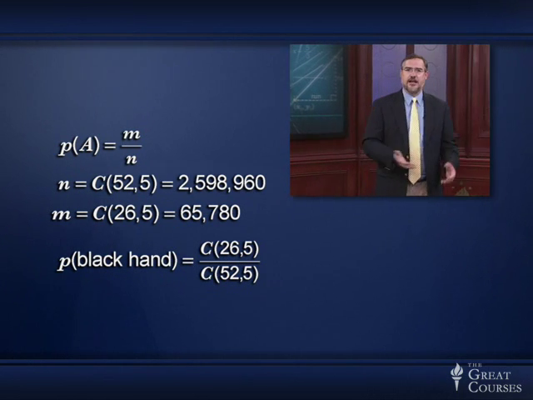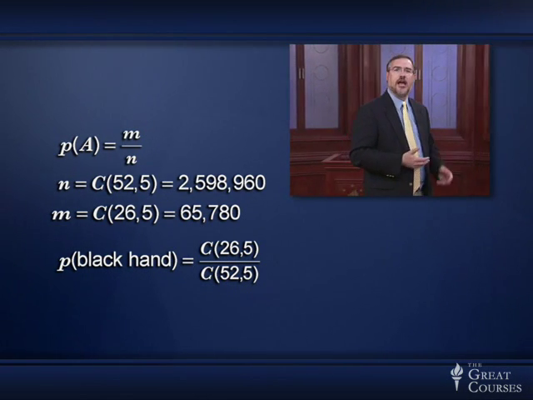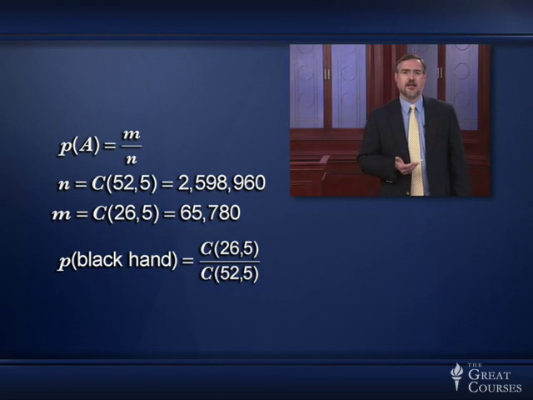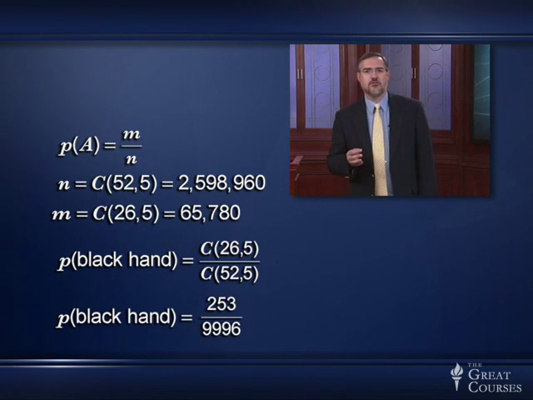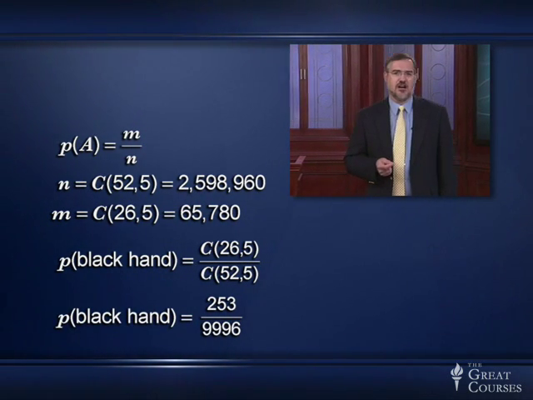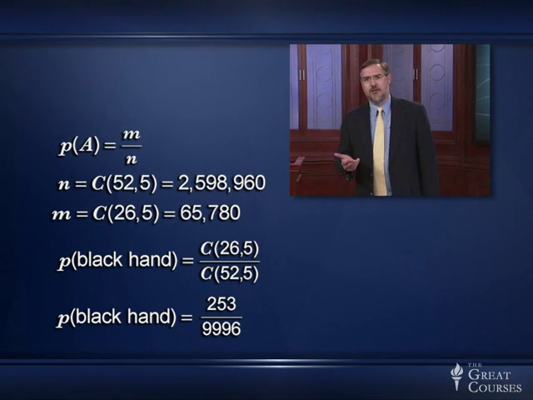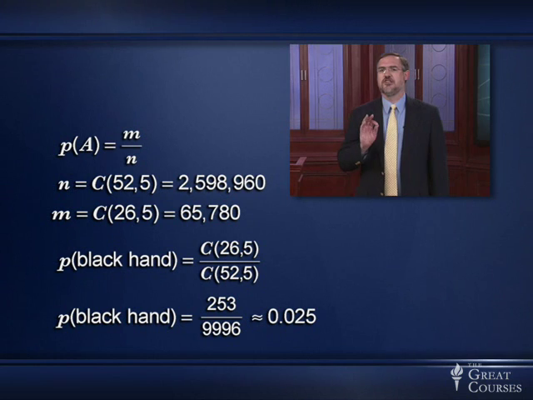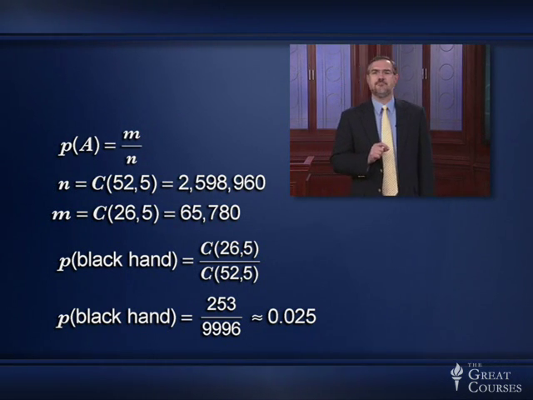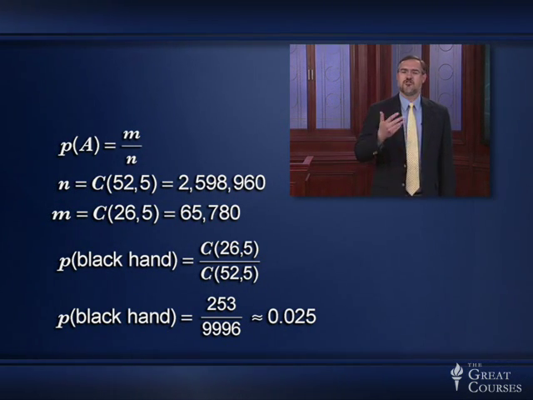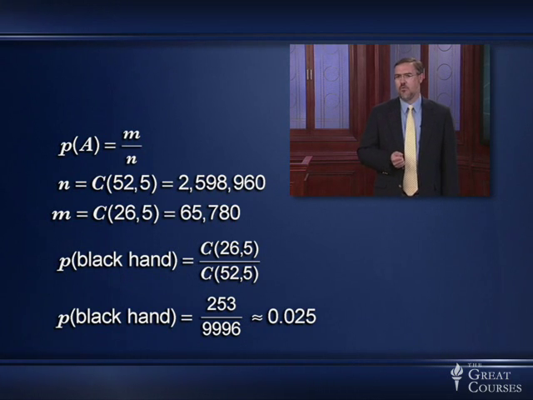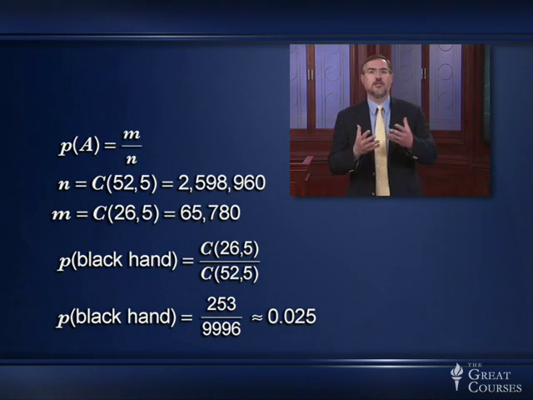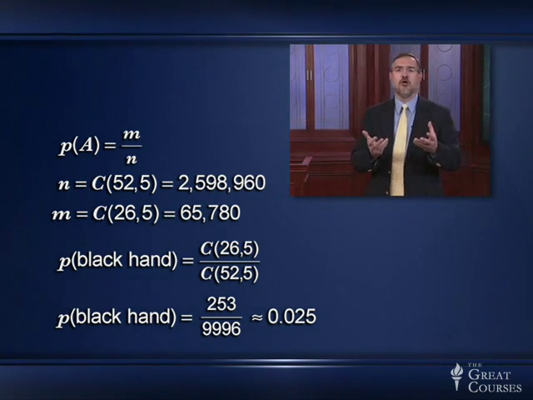Now, if you wanted to actually calculate that, you could, and you'd find after you simplified everything that you'd have 253 divided by 9,996 as your probability. And if you wrote that as a decimal number, it would be about 0.025.